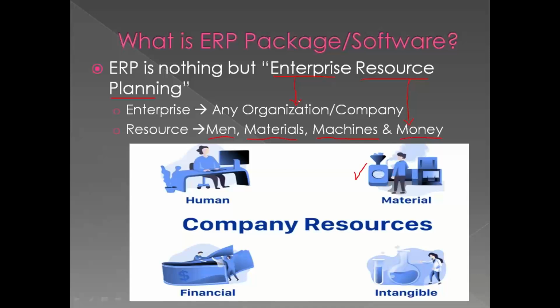For hiring employees you require money. For them to work effectively from morning to evening in the company, you need to provide all the basic necessary things: table, chair, laptops, power, cable connectivity, network connectivity, things like that. So all these are materials. So enterprise, we understood, can be any company. Resources are men, materials, machines, and money, and planning.